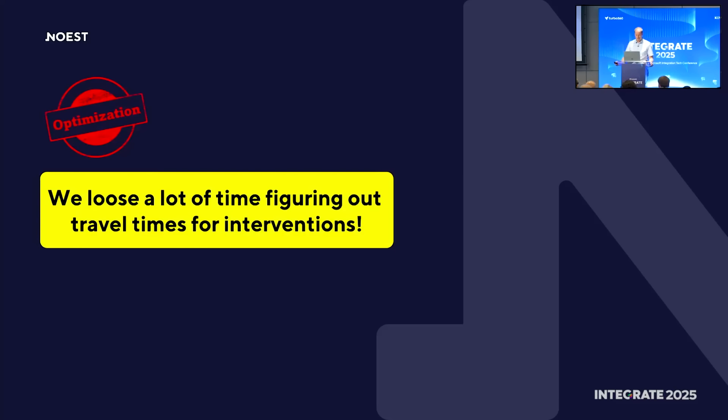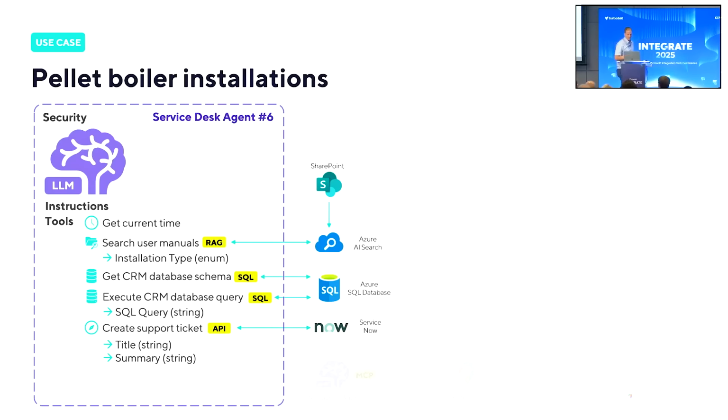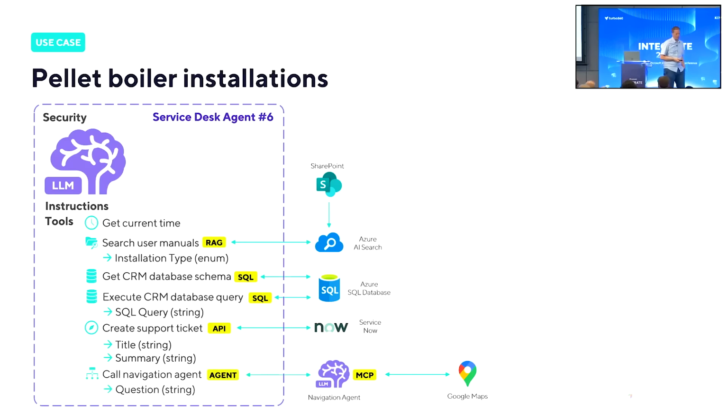but I will show it later. And then, just to showcase MCP as well, we lose a lot of time figuring out the travel times towards the customer. So that's why I created a sub-agent, the navigation agent, which is connected with MCP to Google Maps, so it can figure it out. And that sub-agent becomes then a tool inside our agent, the service desk agent.